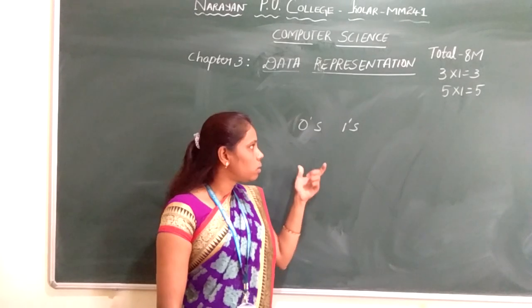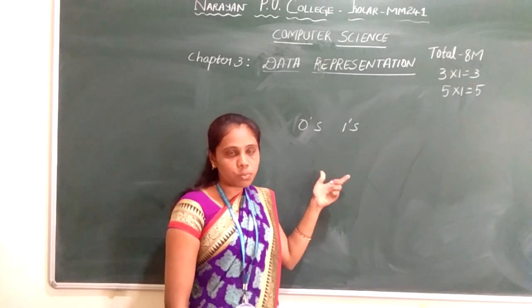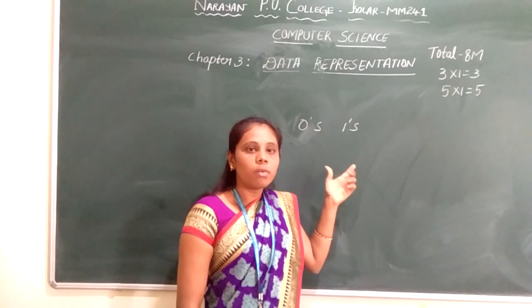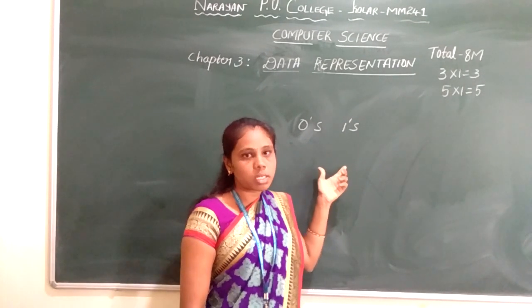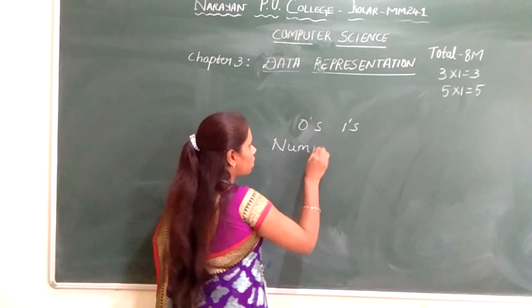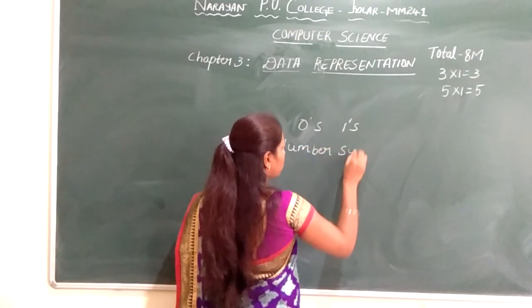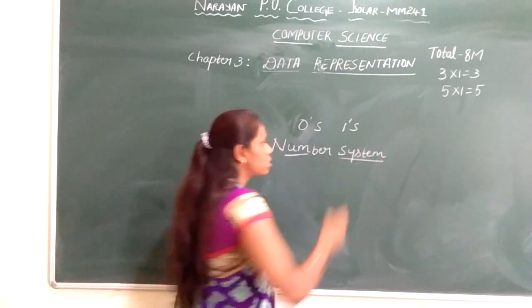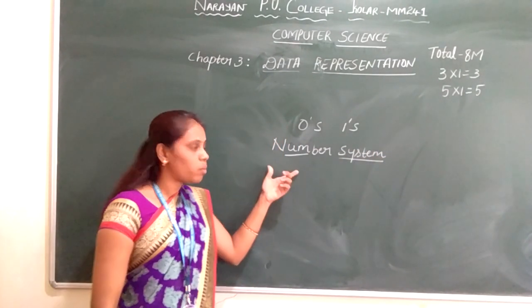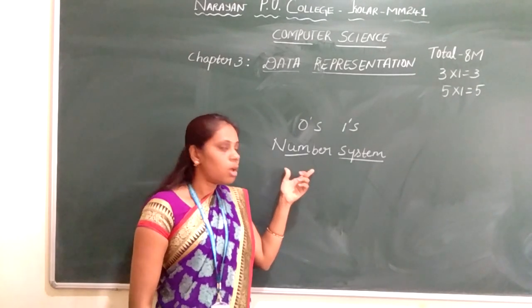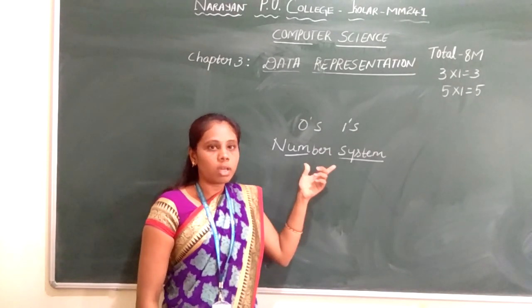Before going to know how this data will be converted into the different codes, we need to understand the basic concepts of number system. Number system is nothing but a way of representing numbers, or we can say it is the identification of numbers.